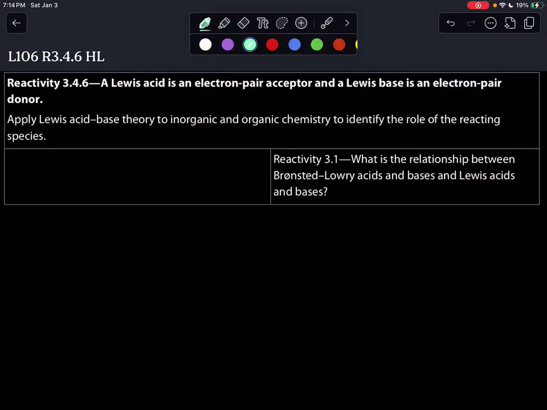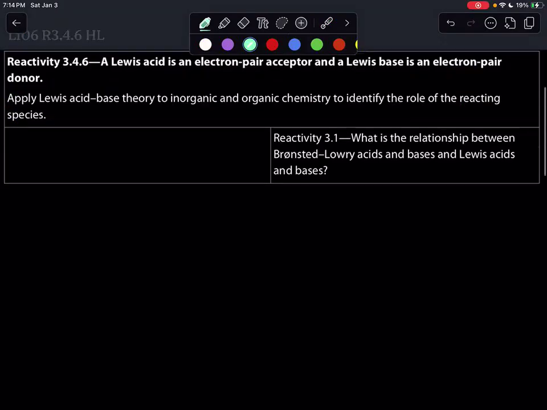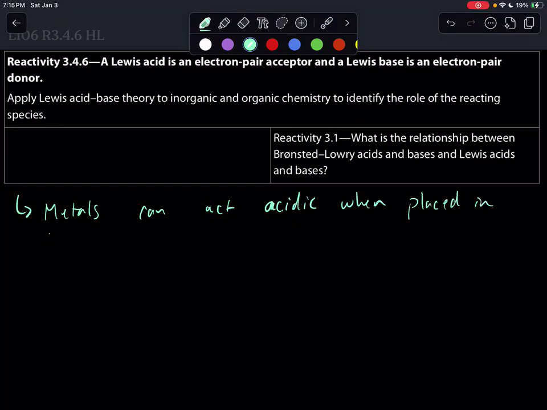So we've learned quite a bit about acids and bases thus far, but something that we don't often see is that metals can act acidic when placed in water, which is kind of weird because they don't have protons to donate.